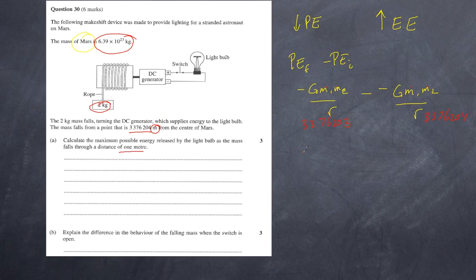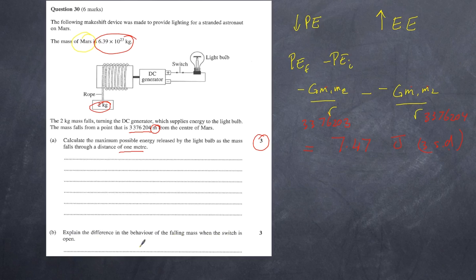If you did the calculations correctly, and I won't go into the details here, you'll get a value of 7.47 joules to 3 significant digits. So that's the amount of energy going through this light bulb, and basically that's what you would have to do for the 3-mark question.